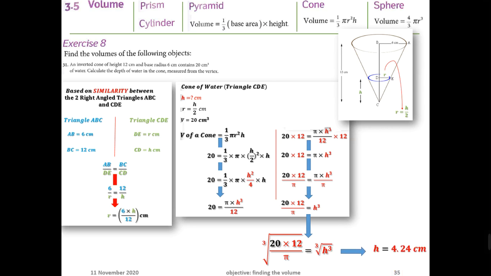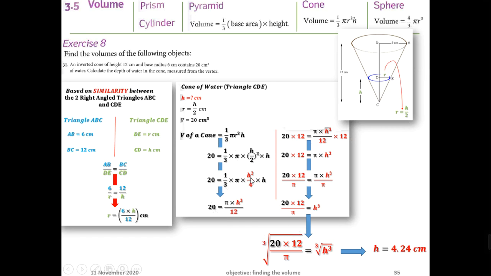Let's summarize once again what we did in this question. So, using similarity between the right angle triangles in the cone, we wrote r in terms of h. We wrote r as an expression in terms of h. And then we substituted the value of r and h and the given value of the volume in the general formula of finding the volume of the cone.